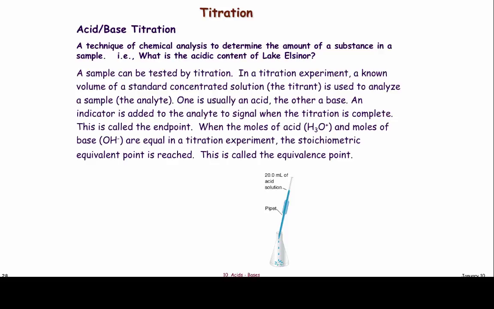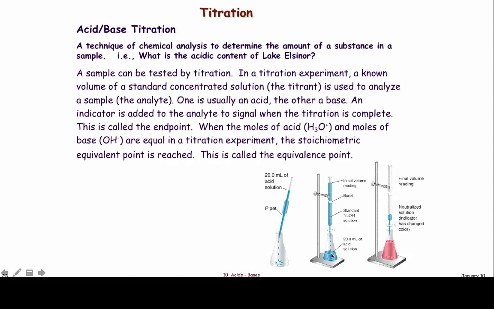What happens is you take a sample that you're going to analyze, you measure the volume, you put it in an Erlenmeyer flask, then, if this chemical is an acid, you add a predetermined amount of base, the opposite chemical, and you figure out what volume of base is necessary to make this solution neutral. If you know the volume and you know the concentration of the chemical you're adding, you can calculate the concentration of that original chemical you were analyzing.